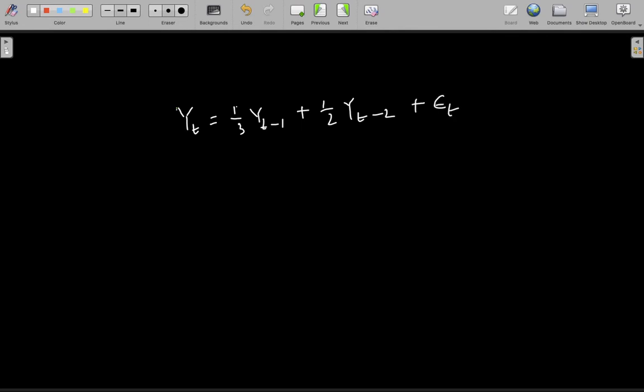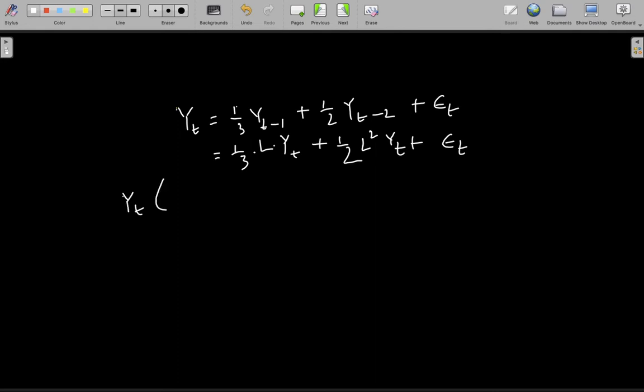Now, as I said, we are going to first use the lag operator. So that means I'm going to say one third L yt plus half L square yt plus my epsilon t. Right? Now I take all the yt terms on the left hand side, and take yt common.